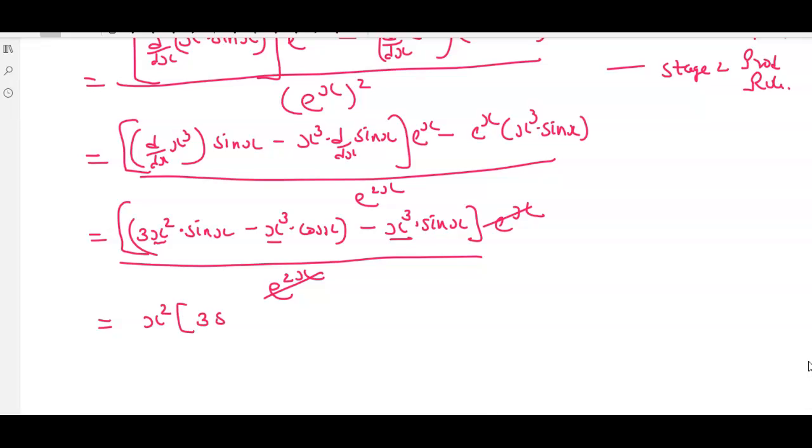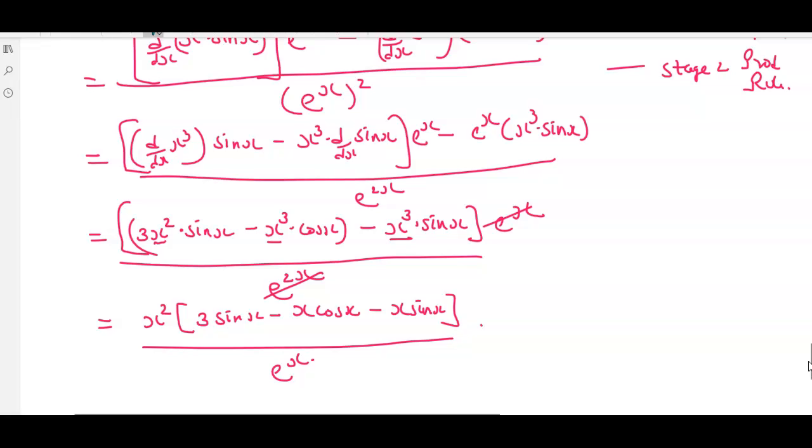Here I have got 3 sin x minus x cos x minus x sin x whole upon e to the power x.